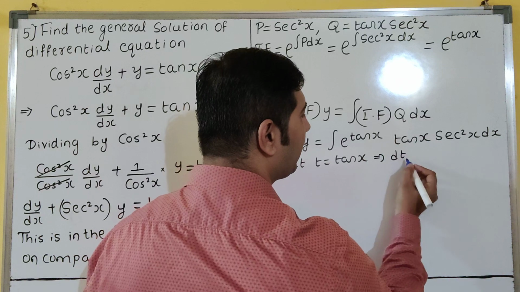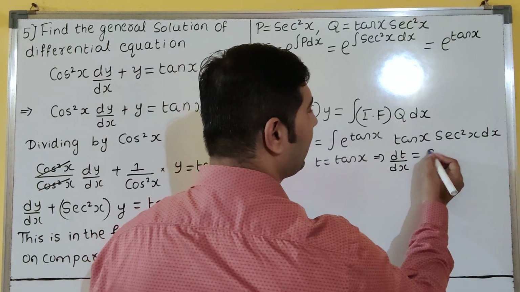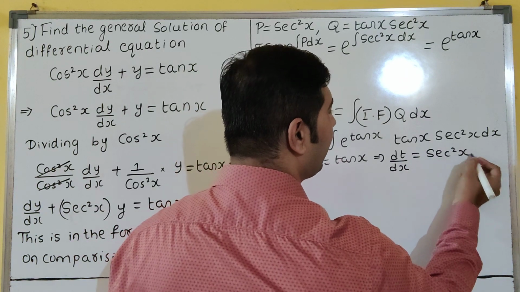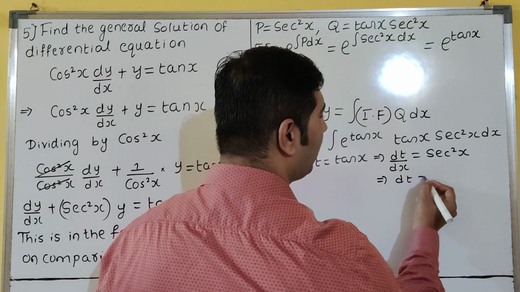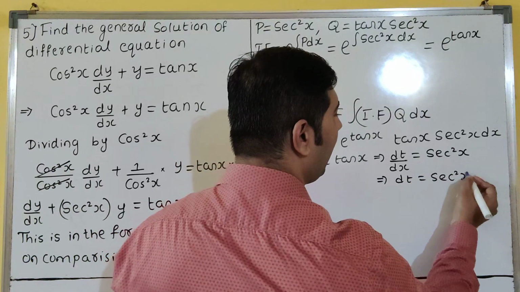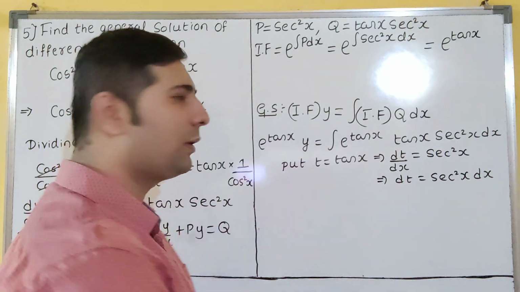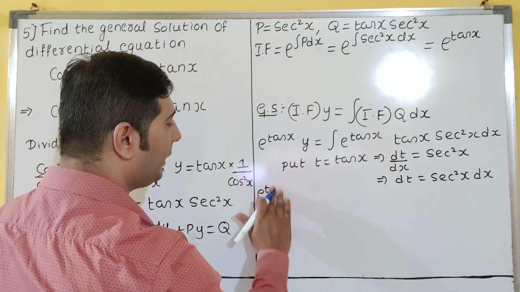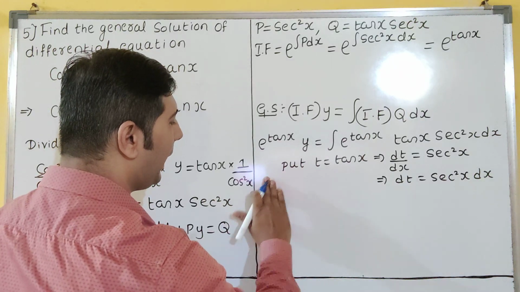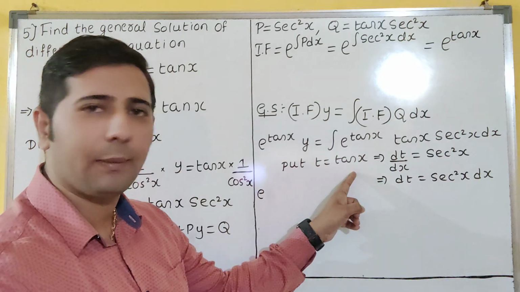So with respect to x, dt by dx is equal to the tan x derivative, sec square x. So this implies dt is equal to sec square x into dx. dx is sent that side. So now you substitute in the given. E raised to tan x is nothing but t.